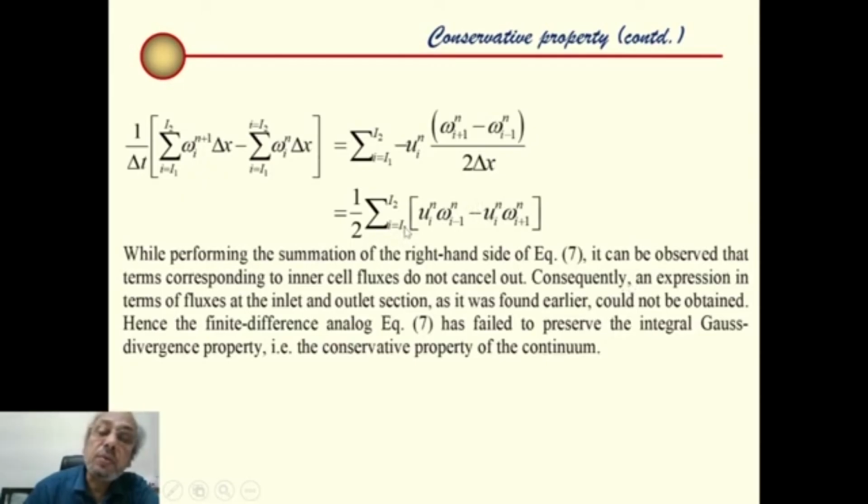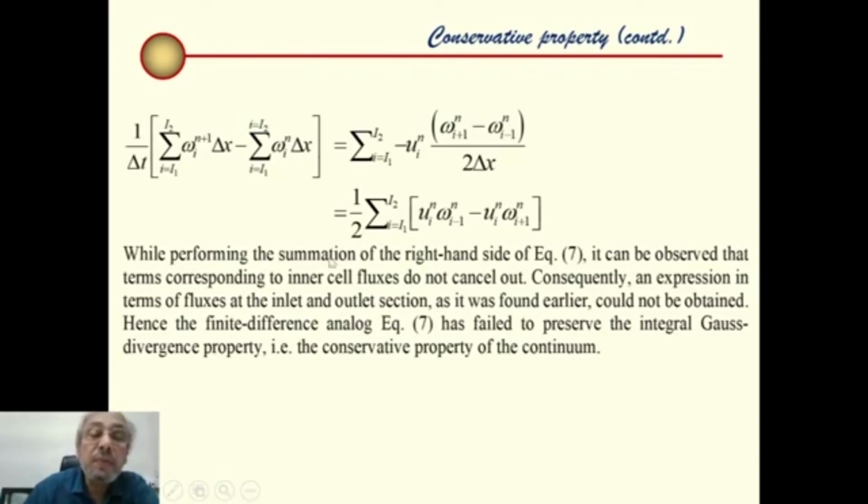That means I equal to I1, I equal to I1 plus 1, I equal to I1 plus 2. And then last 3 terms, maybe I equal to I2 minus 1, I equal to I2. You will see all intermediate terms are not cancelling at all. So basically fluxes are by definition not eventually balanced.